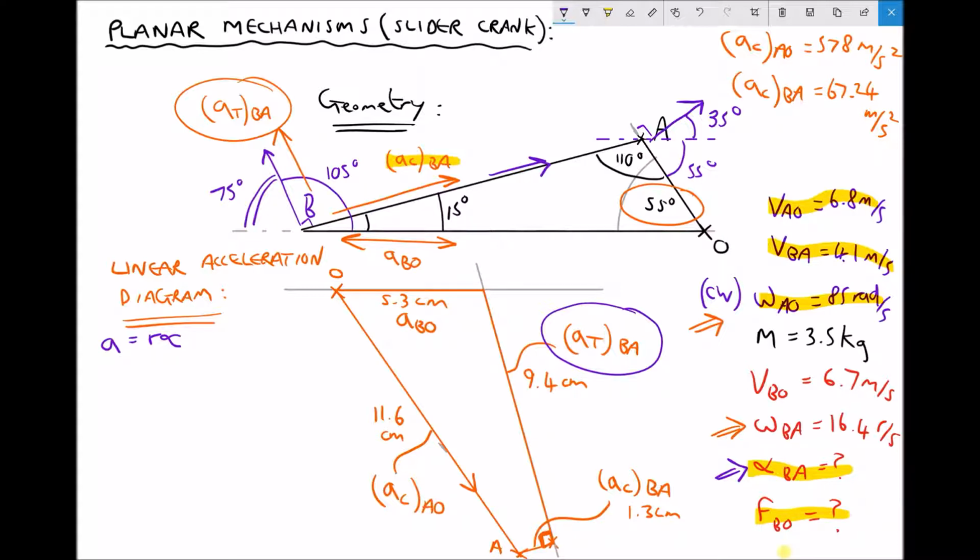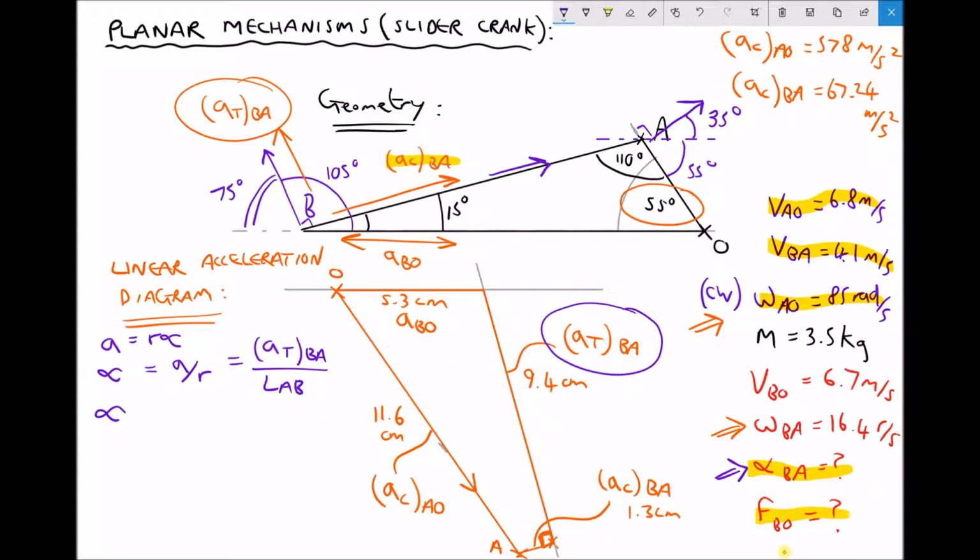It's another one of our conversions between linear and angular motion. But we want alpha, therefore alpha is a over r. As mentioned, the a value that we're using is the tangential acceleration of B relative to A. And the radius that we're using is just the length of the linkage again, the length of the linkage AB.